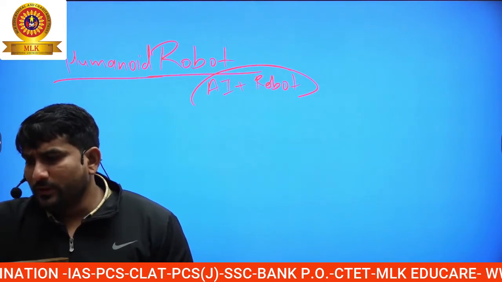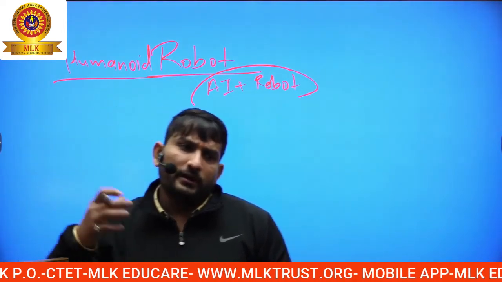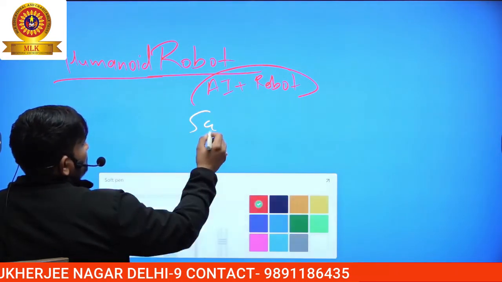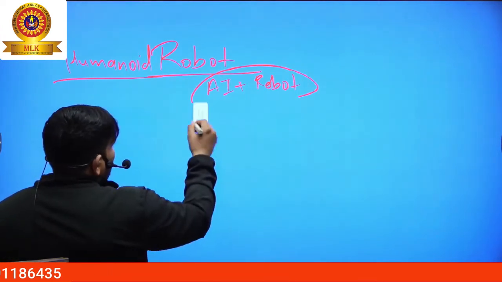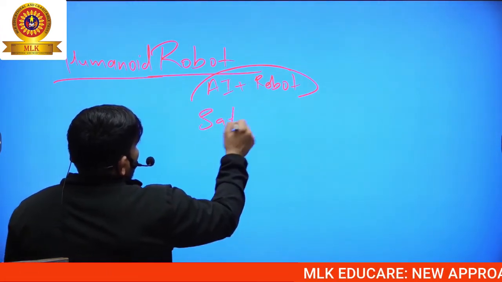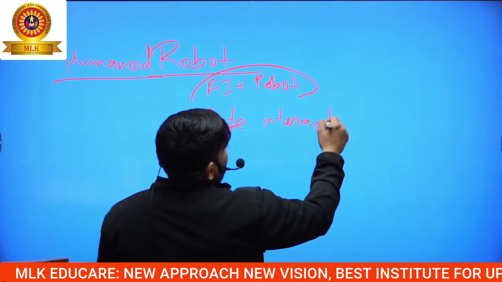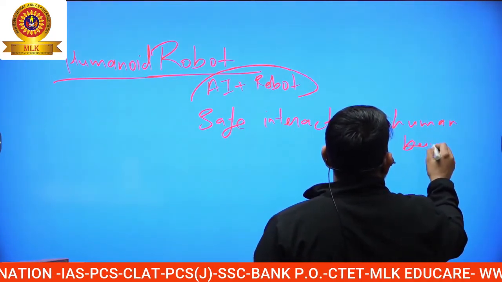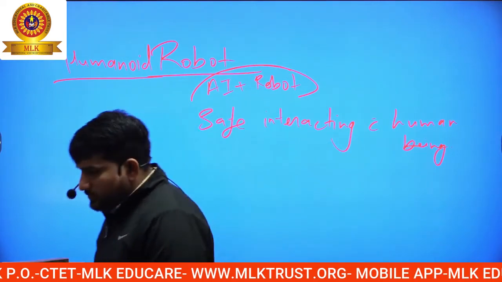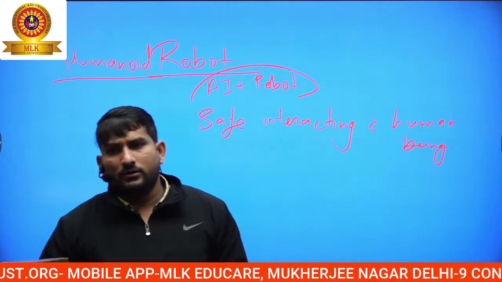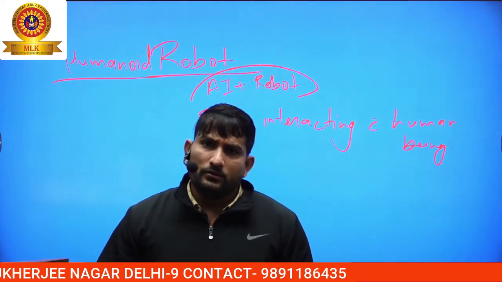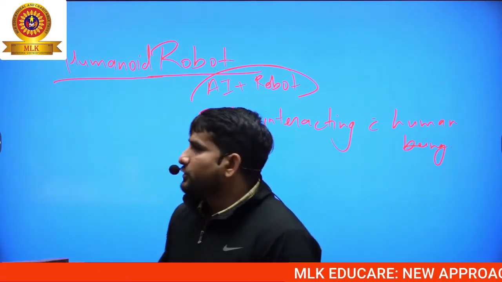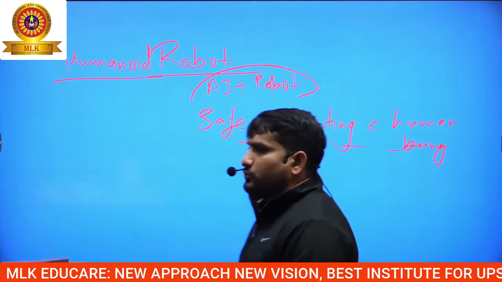Safe interacting with human beings and the environment, this is also a क्या बोल सकते हैं उसको, safe interacting, okay, with human being, because you know that in its opposite, the human is available, okay, the human is just in front of the robot, so robot recognize that this is the human, so here is the safe interaction is done by the robots, okay.